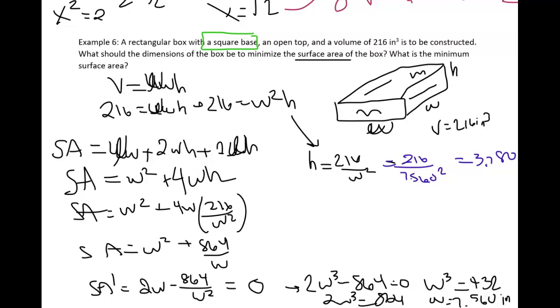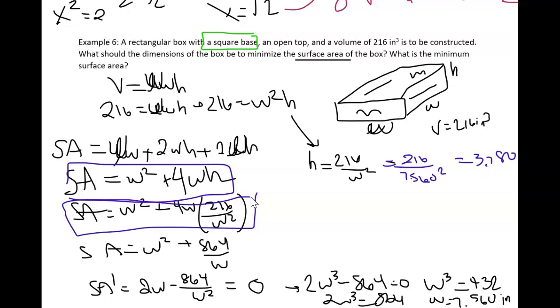And then what is the minimum surface area? So that means plugging these values into our surface area formula. And it doesn't actually matter which one you use because you do know H and W now. So just pick one.